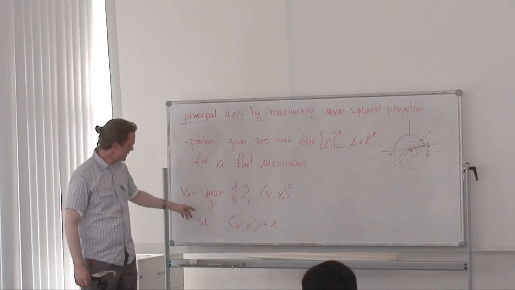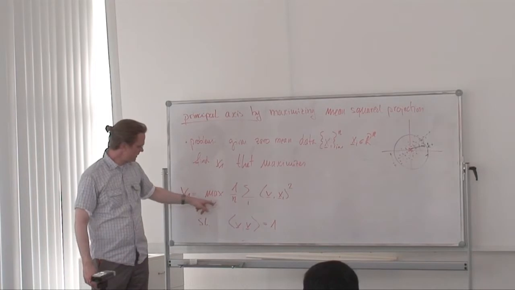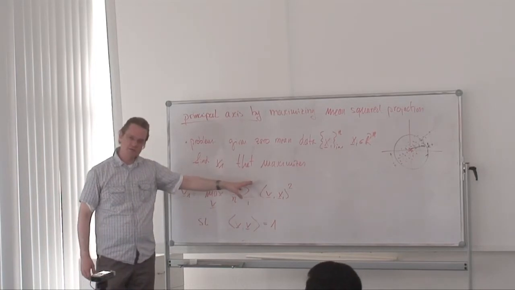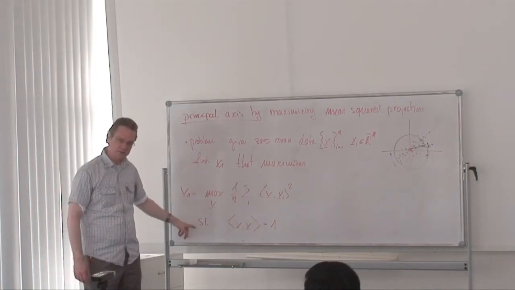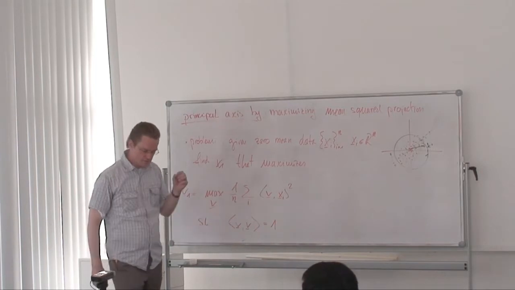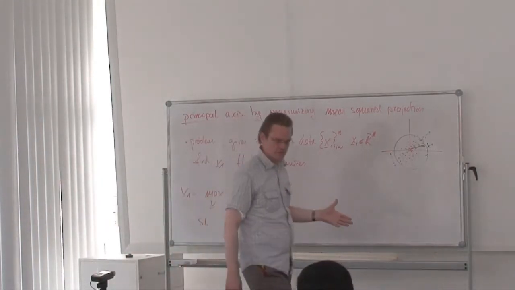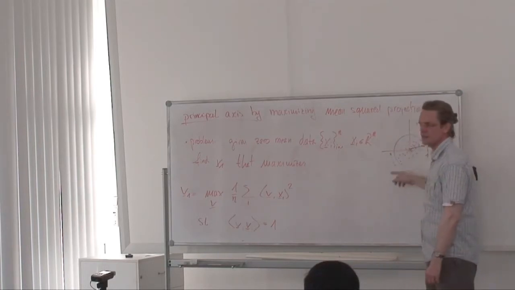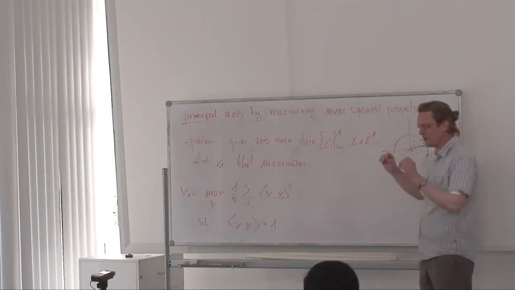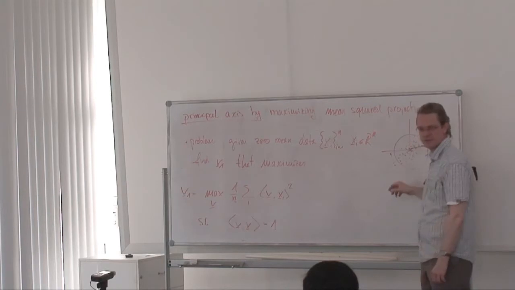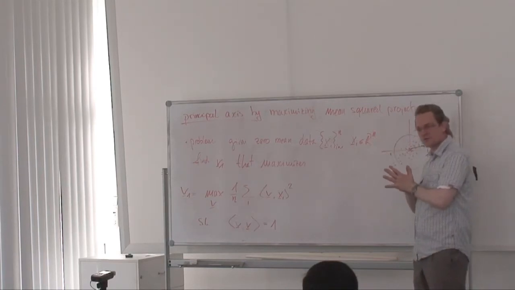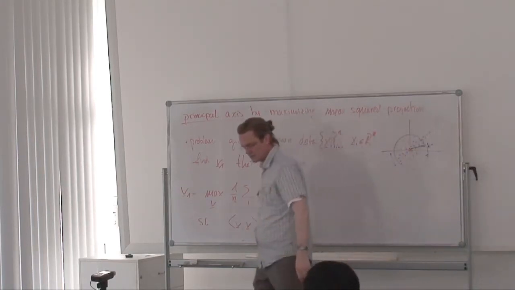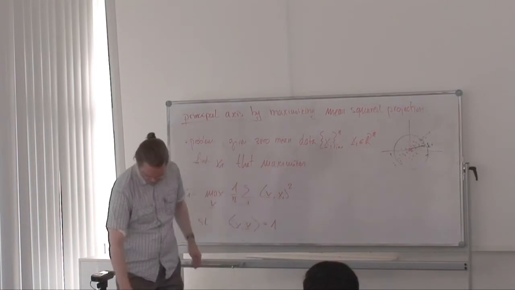We want to maximize over all v, 1 over n, this variance here, such that the vector is a unit vector. And of course there are infinitely many unit vectors, and out of these infinitely many unit vectors, we are searching for the one that maximizes the projection variance.